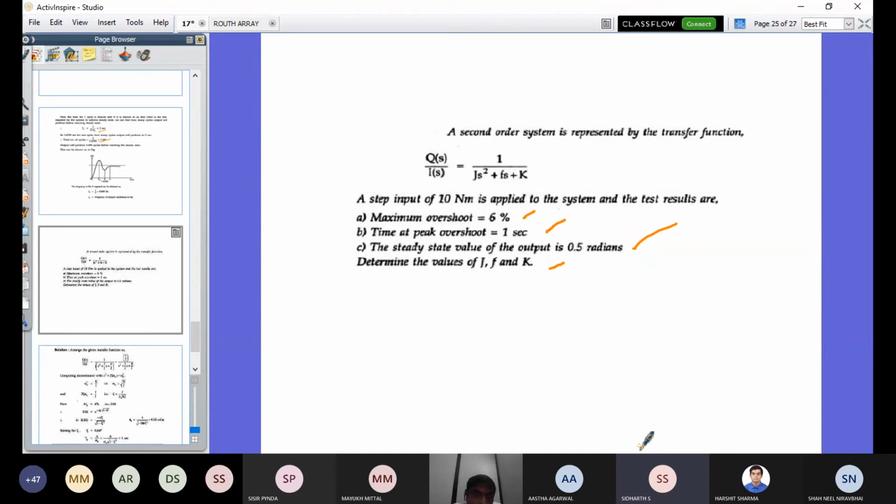How to find omega n? Tell me. Siddharth. Yes, sir, I'm just thinking how to proceed. The j s square plus f s plus k will be the characteristic equation, and the 10 will be the magnitude. Directly I can apply it here.